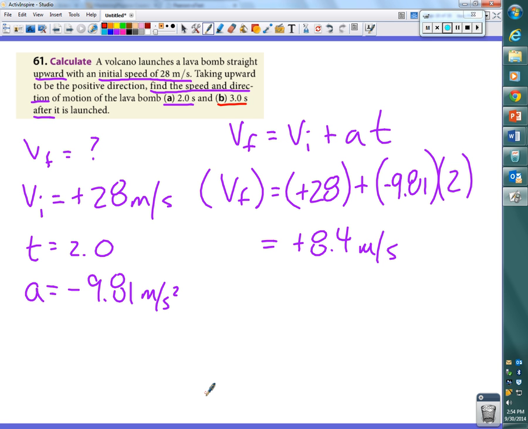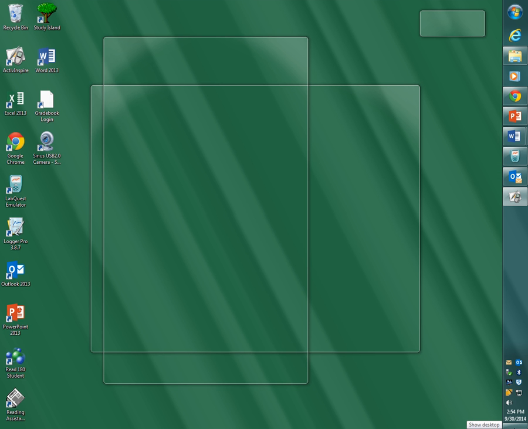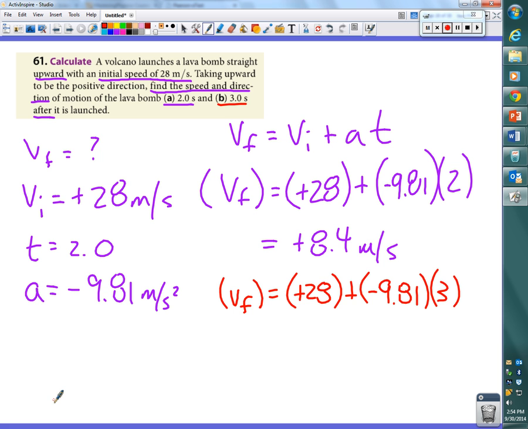But for the next part, all of these numbers stay the same that we've written down except for the time. So, for part B, you would still solve for VF. Initial velocity is still positive 28 plus negative 9.81 for the acceleration. Okay? And when you solve that, I believe you get negative 1.4.